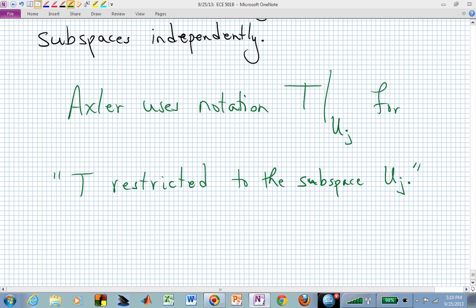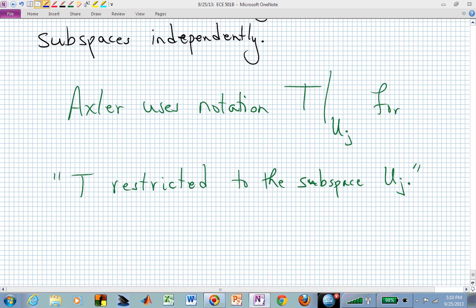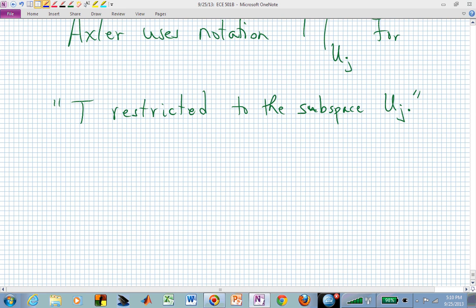That's what we mean by that notation: T restricted to U sub j. This is not guaranteed to work in general for a generic subspace that we've parameterized our vector space V into.